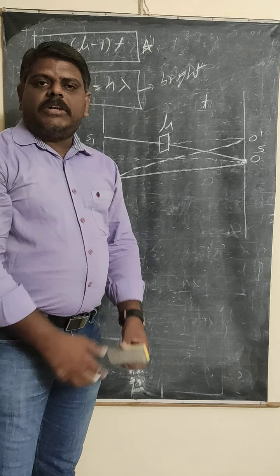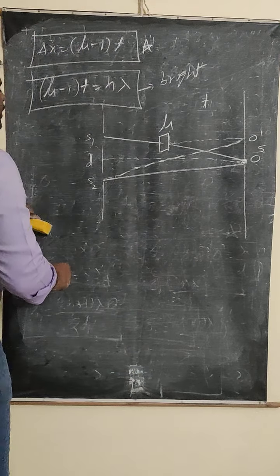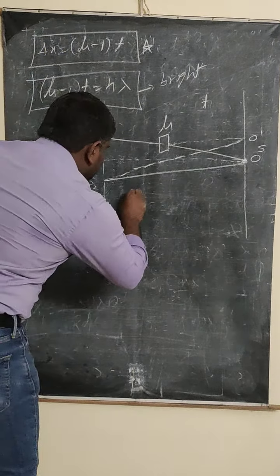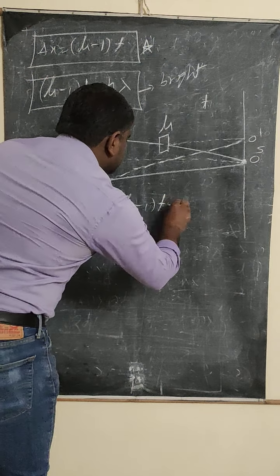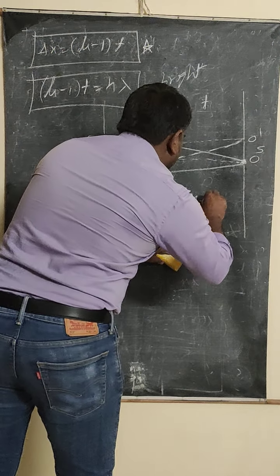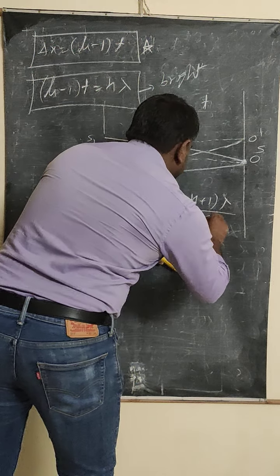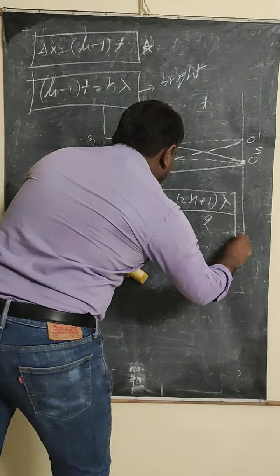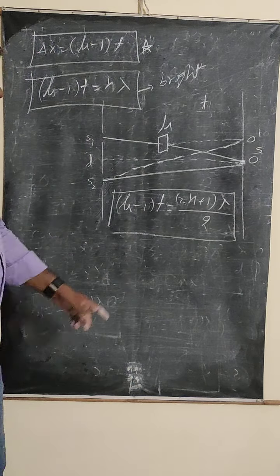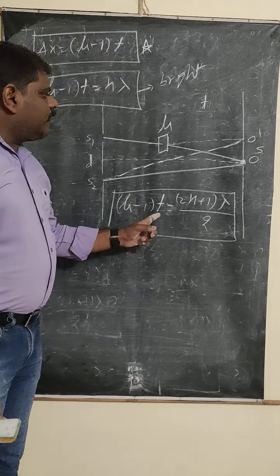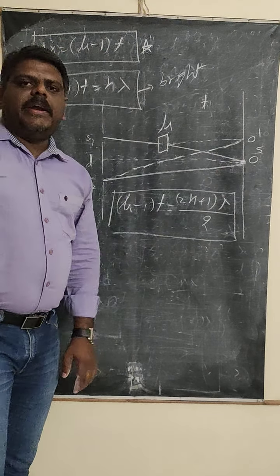If you want to obtain the dark band, the condition will be (mu minus 1) into t equals (2n plus 1) into lambda by 2. If this condition is satisfied, you are going to have the dark band at the point O dash.